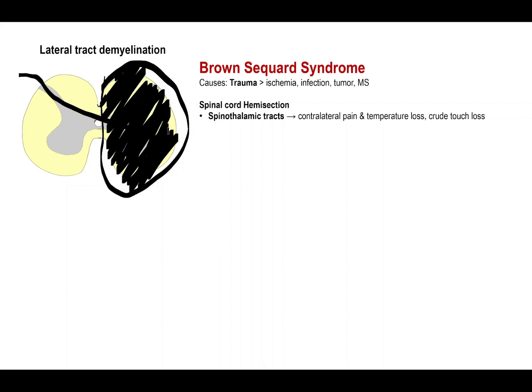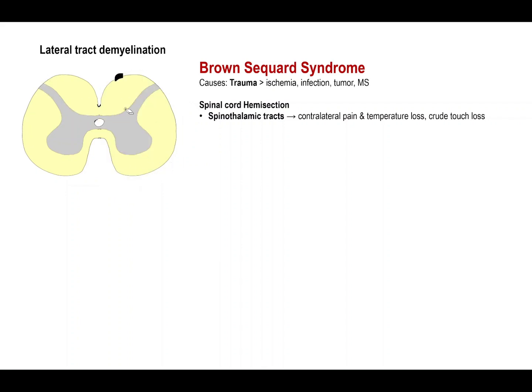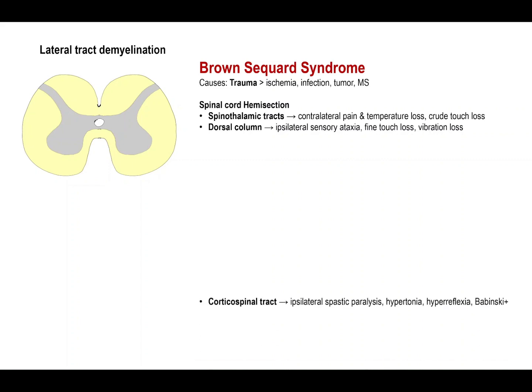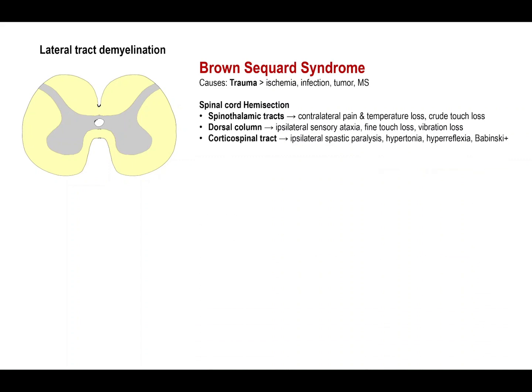So we have contralateral loss of pain and temperature, and crude touch loss due to spinothalamic injury. If this injures your dorsal column, it will be ipsilateral sensory ataxia, fine touch loss, and vibration loss. And it can also affect the coracospinal tract. You will have ipsilateral spastic paralysis, hypertonia, hyperreflexia, and Babinski. Straightforward thing, all these symptoms should be below the level of the lesion.